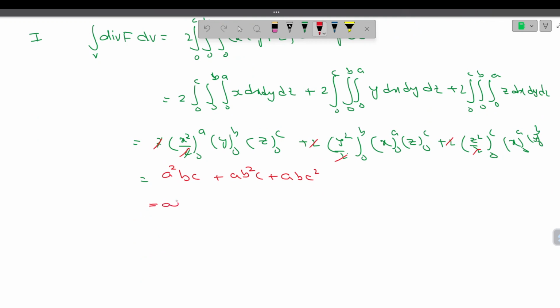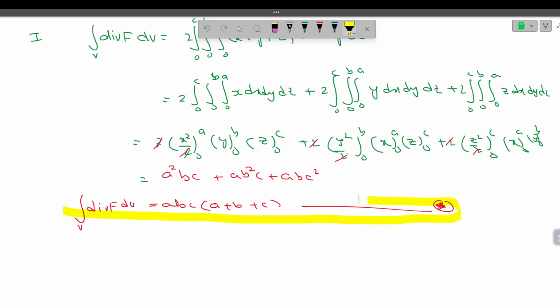We can take abc common, here a is left, here b is left, here c is left. Call it first star. Okay, divergence V we have done. This is the integral of divergence F dV. This part done.